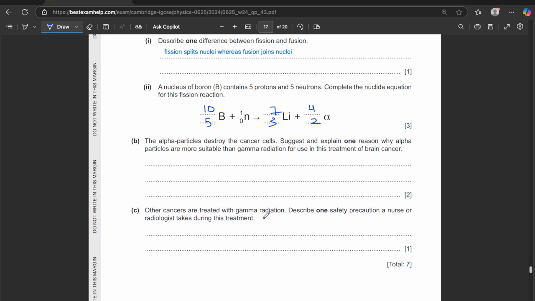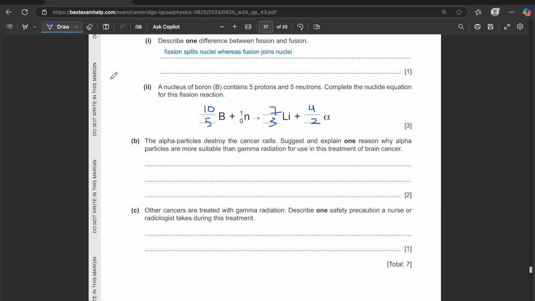B. The alpha particles destroy the cancer cells. Suggest and explain one reason why alpha particles are more suitable than gamma radiation for use in this treatment of brain cancer. So this gamma radiation, right, is very, very powerful, and it will penetrate through a lot of things that we don't really want. So alpha particle is just enough, right?